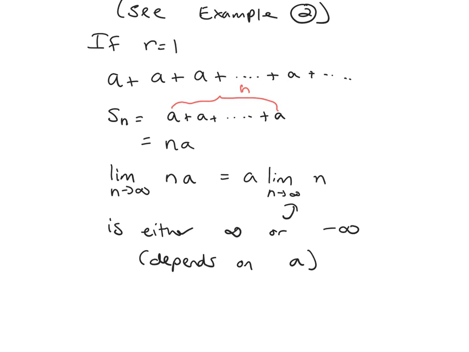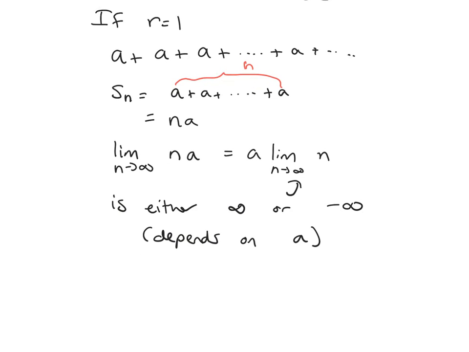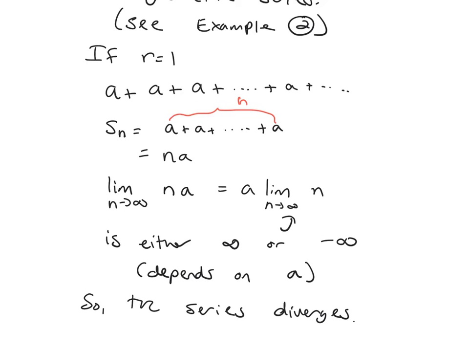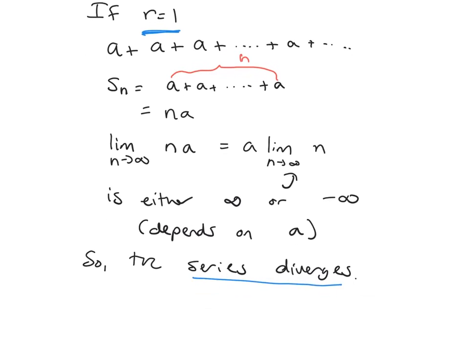I needed to get a finite number back and I never do. So the limit is either infinity or negative infinity, which tells me the series diverges. So when R is 1, the series diverges. That's what we just learned. Okay?